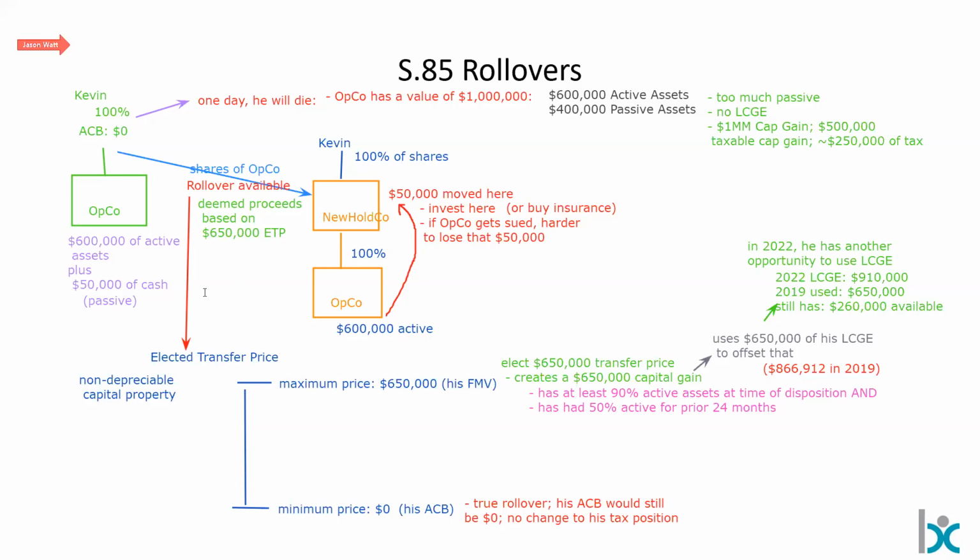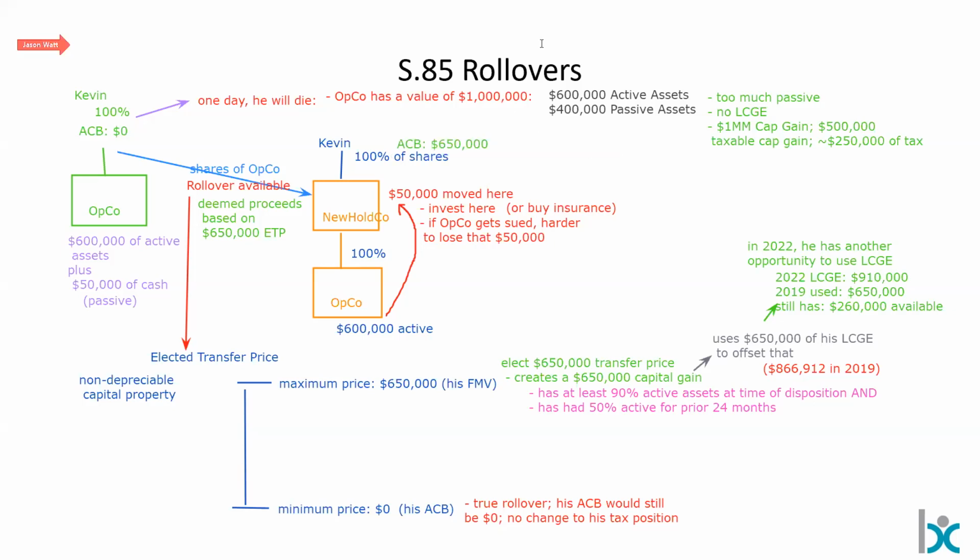And now, once this transaction is done, what is Kevin's ACB? Big fat $650,000 ACB.